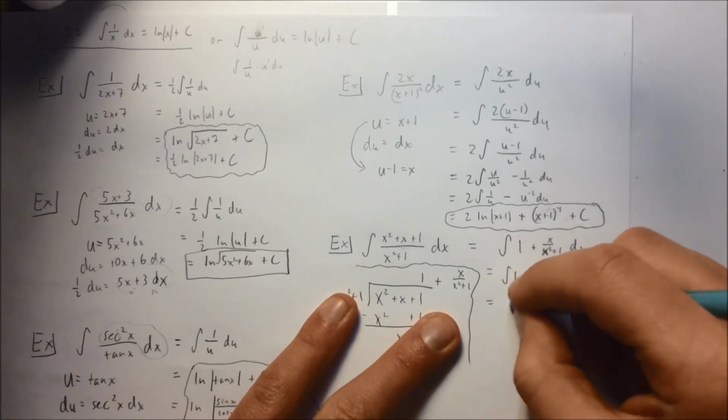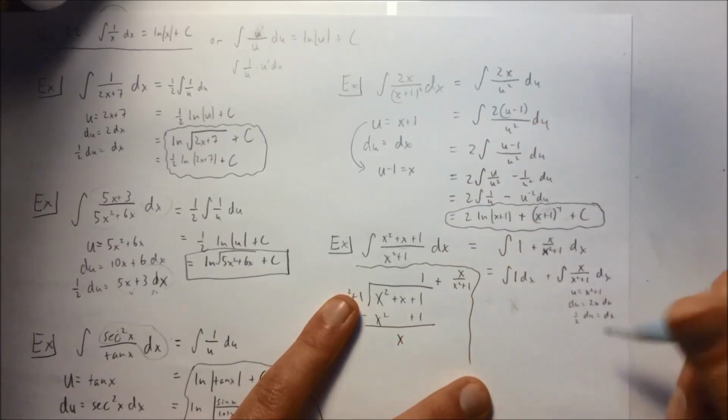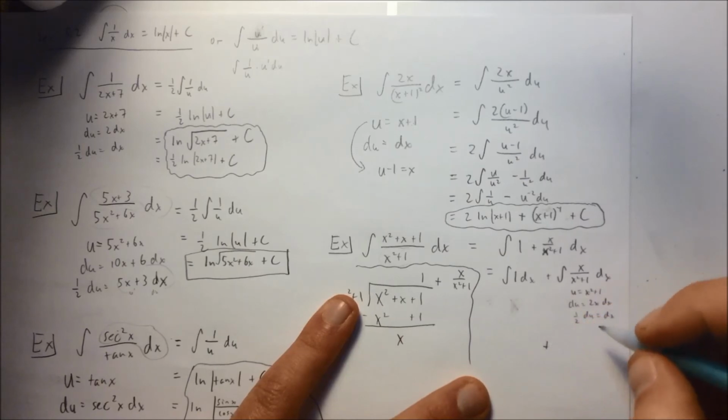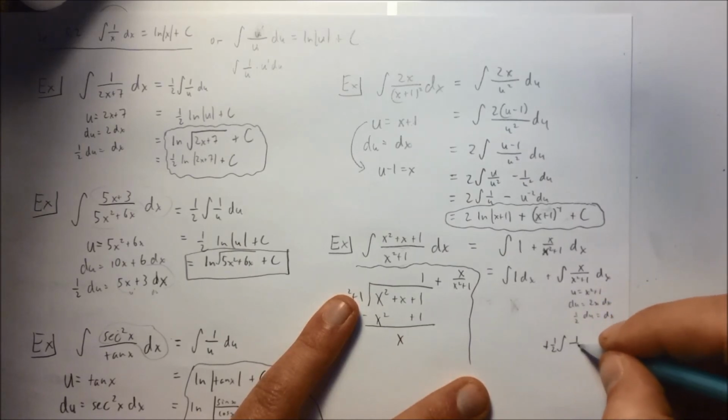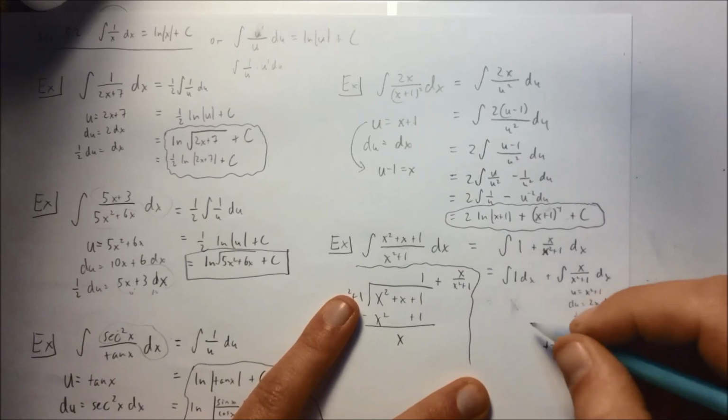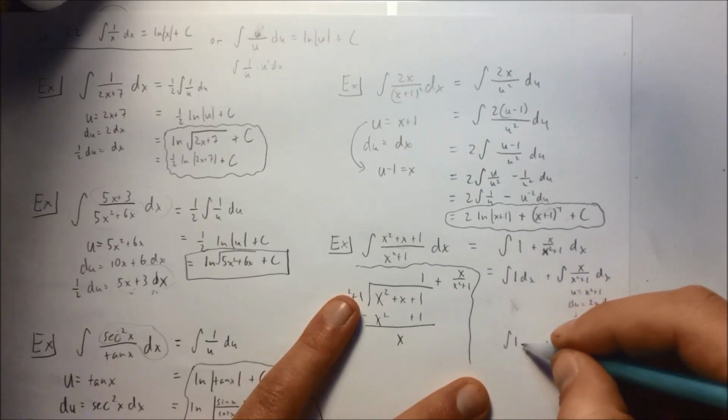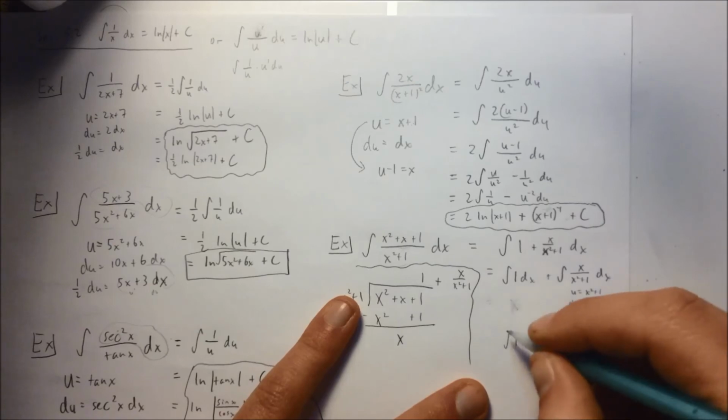Move this down a little bit. So this is really 1/2 of 1 over u du. We got 1 dx right here. These are different.